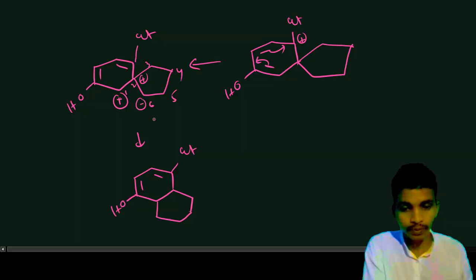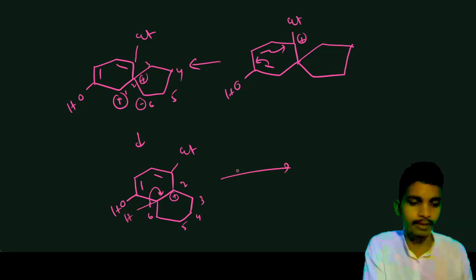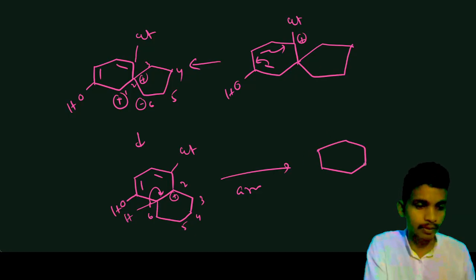So 1 and 6 will make bonds, and 2 will get the positive charge. Now we see that hydrogen is there, so elimination will happen, meaning aromatization will occur, and we get this product.